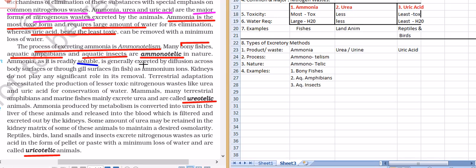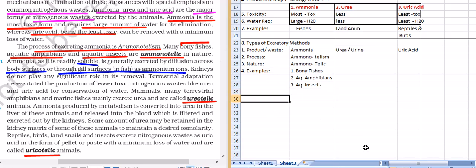Whatever ammonia is released from the cells of the body diffuses across the body surface, or to the gill surfaces in fish, as ammonium ions. So this you have to remember. If you write here a special point, the fifth one you can consider as properties.